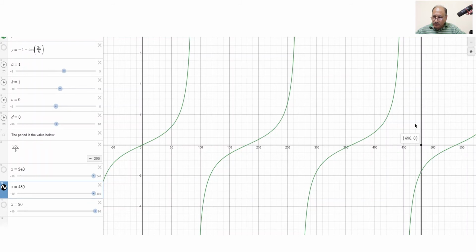That's why I've given this line. So from 0 to 480 will be this. This is the normal graph having 90 degrees.